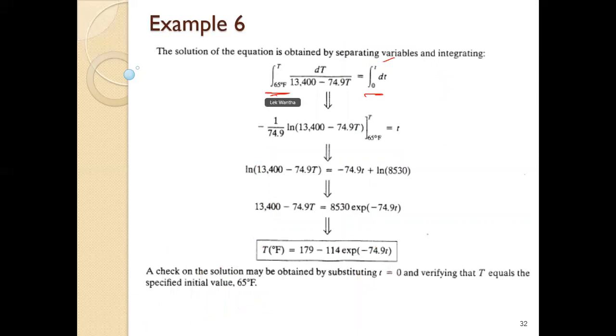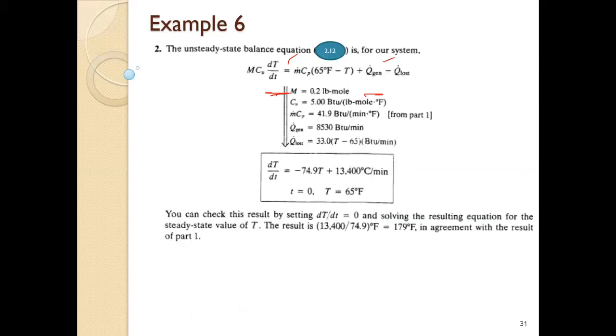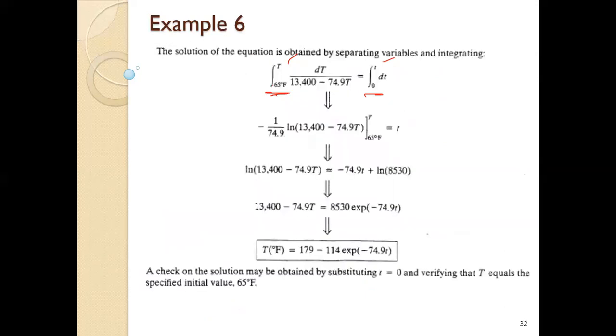At time 0, temperature is equal to 65, to any temperature. And then you can solve for it. You integrate dT divided by this term, and you get 1 divided by -74.9 times log of this term, from 65 to temperature, and t from 0 to t.